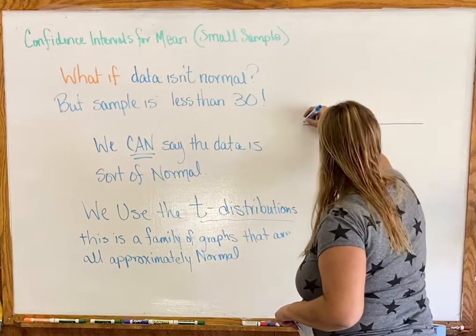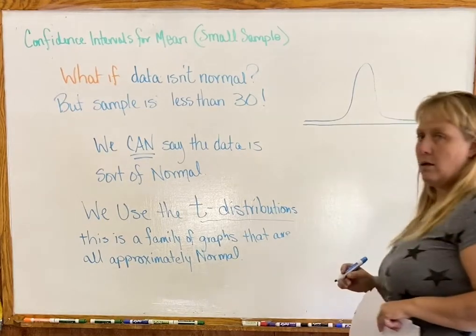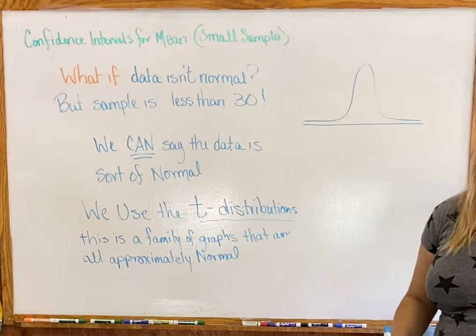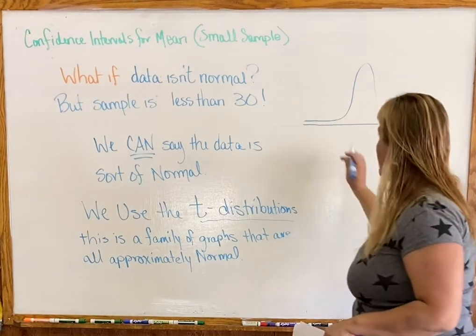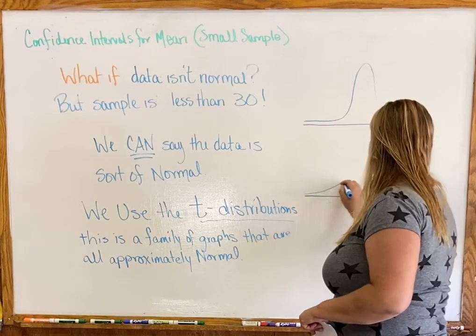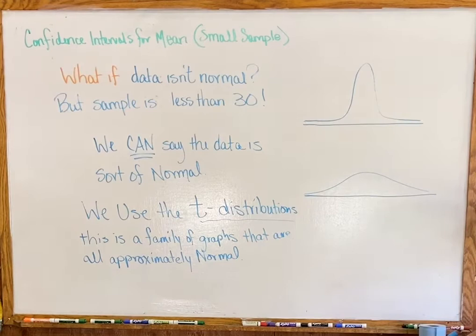So approximately normal means it might be something that looks like this. Sure, we got that nice bump in the middle, but it's not a perfect bell-shaped curve, is it? Okay, so that might be one example. Another example might be one that's very shallow, but it still has the look to it. It's just a big wide bell, but it's not a perfect normal curve, but it's approximately normal. It has the right idea.